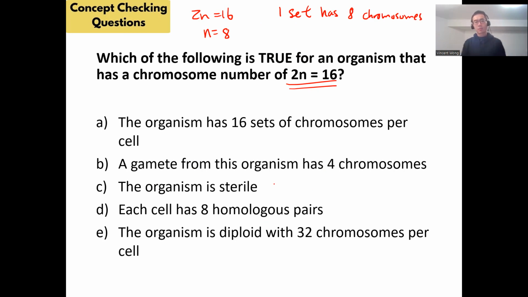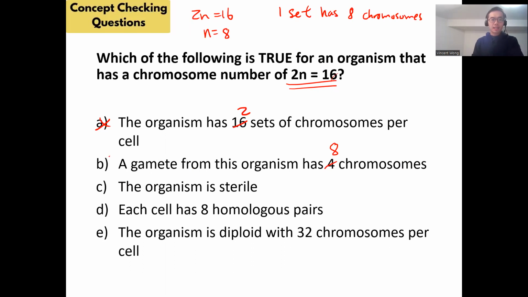The organism has 16 sets of chromosomes per cell. Nope, it has 2 sets. That's why it's 2n. A gamete from this organism has 4 chromosomes. Is it not true? If the total is 16, then the gametes are going to have half of that. So half of 16 is 8.